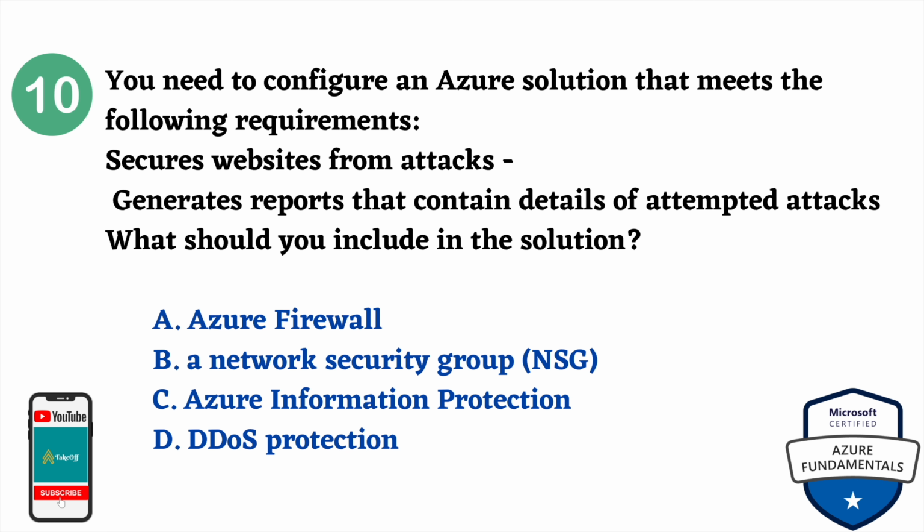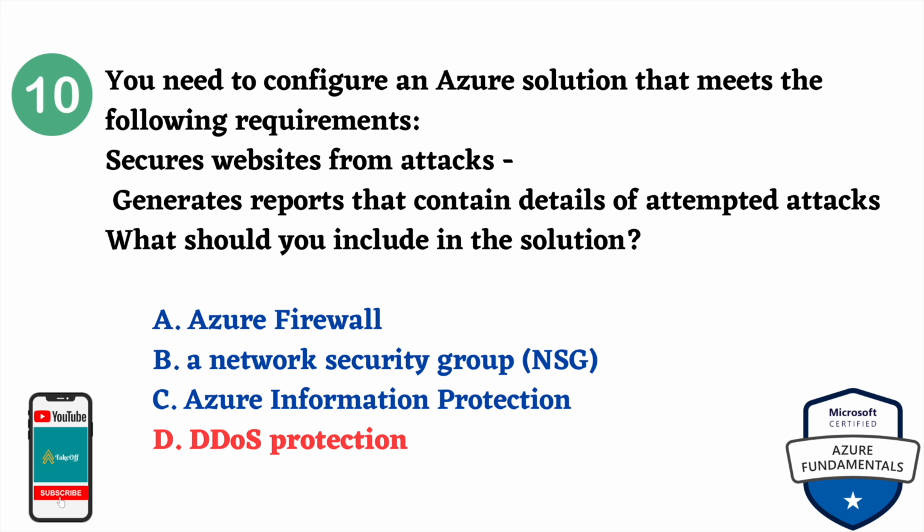So it protects the information, but it does not help in securing your websites from attacks. And DDoS is a distributed denial of service. These kinds of attacks try to exhaust the application services and their availability to handle legitimate requests. These attacks can be targeted at any endpoint that is publicly reachable through the internet.